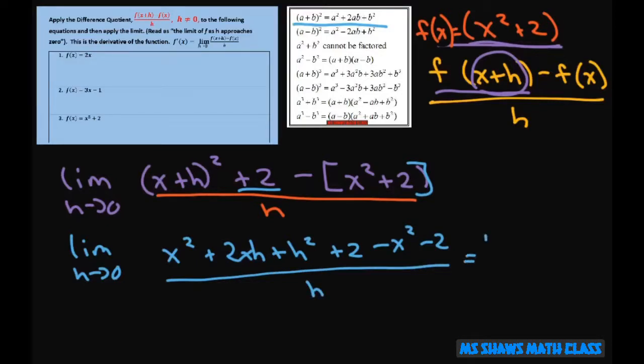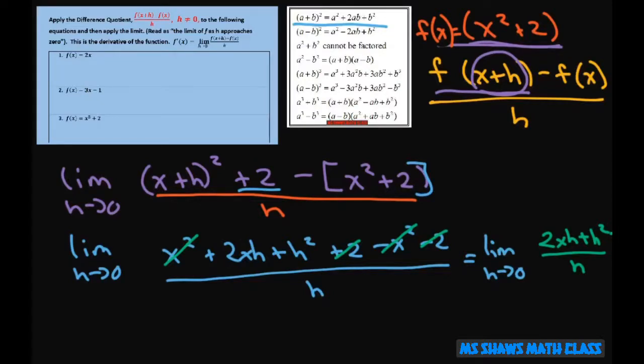This simplifies the limit as h approaches 0, and we can cancel things out. Now, a good rule of thumb, everything should cancel out that doesn't have an h in it. If it doesn't, then you did something wrong. So basically we get 2xh plus h squared divided by h.